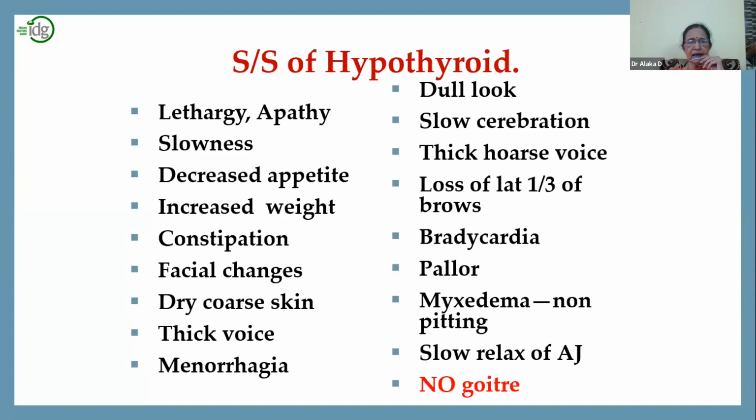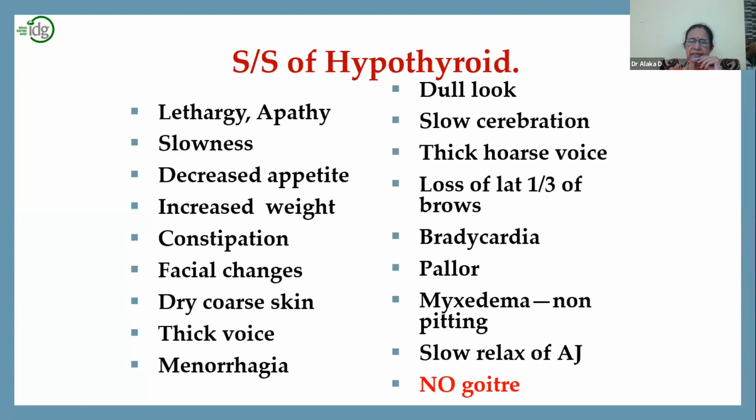So lethargy, apathy, slowness of activity, decreased appetite, weight gain, constipation, facial changes, the skin is dry and coarse, and the voice is thick, except menorrhagia, which is increased. So everything is slow except menses. So even a menopausal woman coming with menorrhagia, just do a TSH to rule out hypothyroidism.